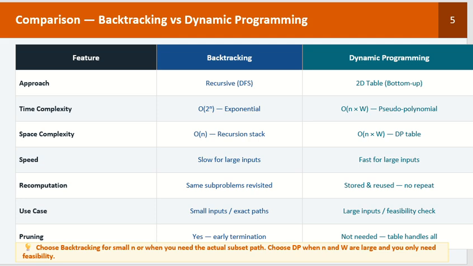Only small inputs are feasible in backtracking, while dynamic programming handles larger input. It does not need pruning, but backtracking requires pruning. So choose backtracking for a smaller n when you need an actual subset, and choose dynamic programming when n and W are large.